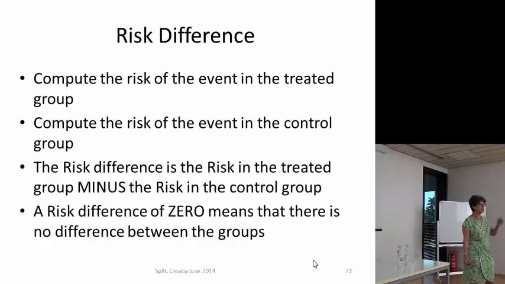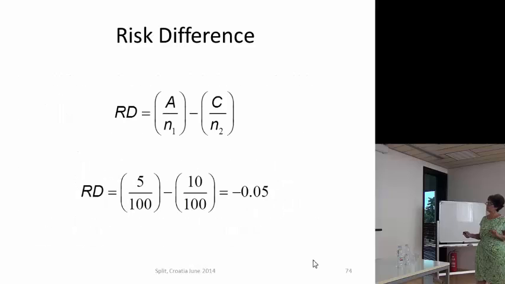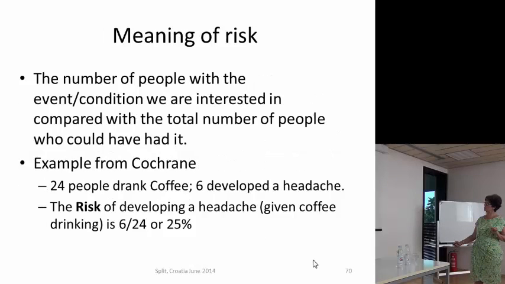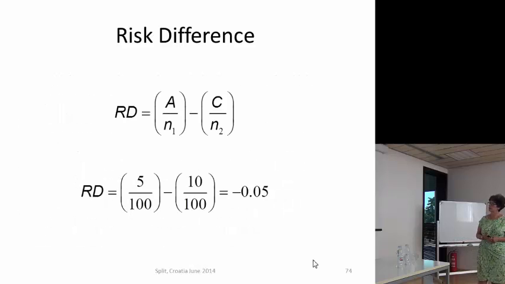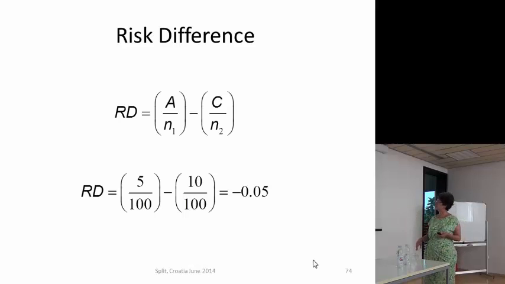So in this case, 0 means no difference. Okay. So going back to my original example, the risk difference between the treated group and the control group is minus 0.05.